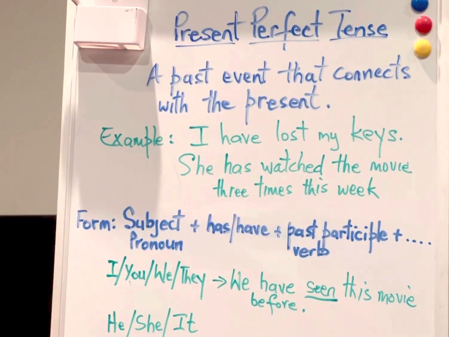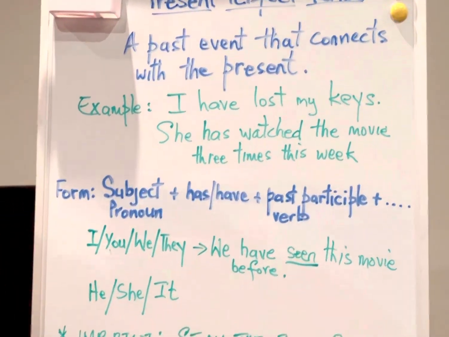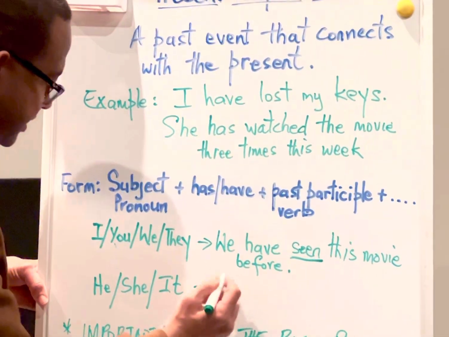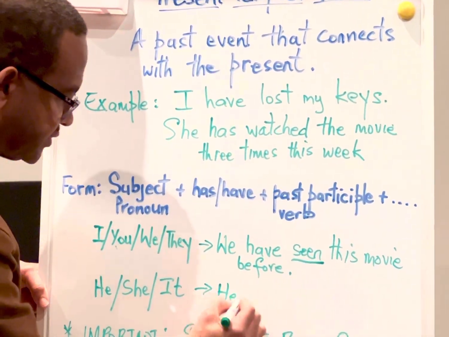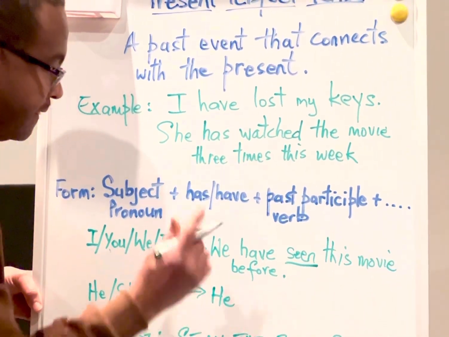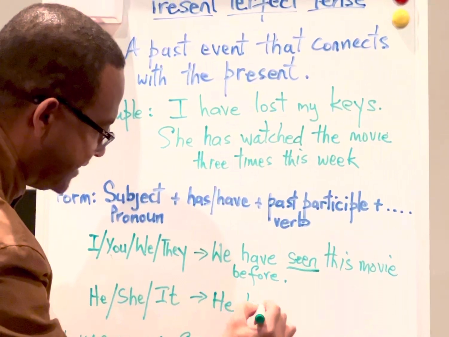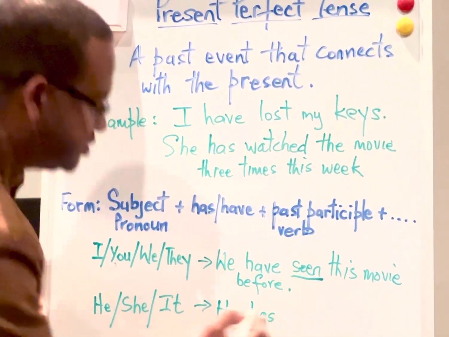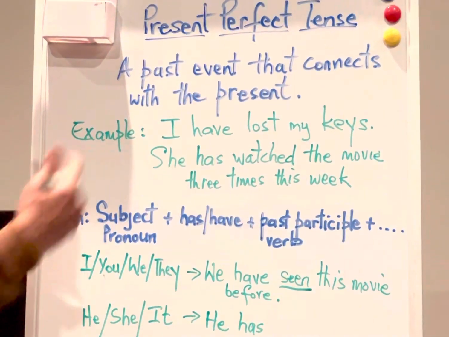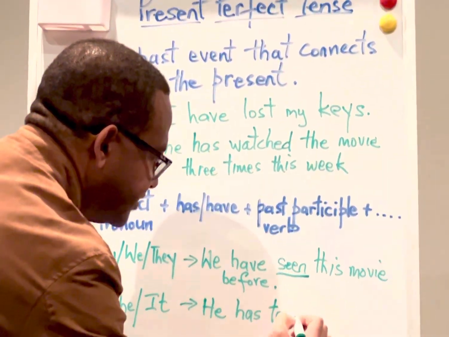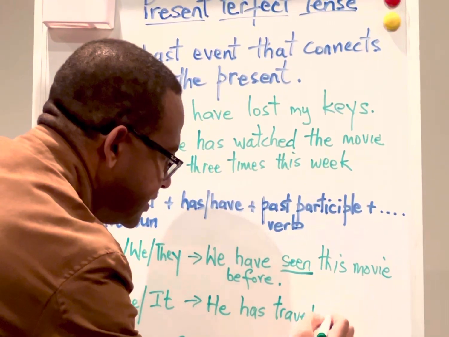Good. He, she, it. In this case, our subject pronoun is he, and our auxiliary verb would be has. He has. And we're going to use a regular verb in this case. Let's say travel. Regular ed verb, travel, T-R-A-V-E-L-E-D.